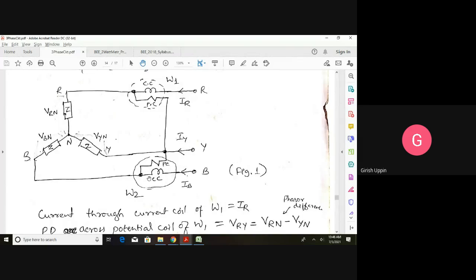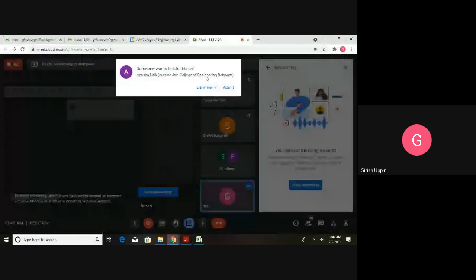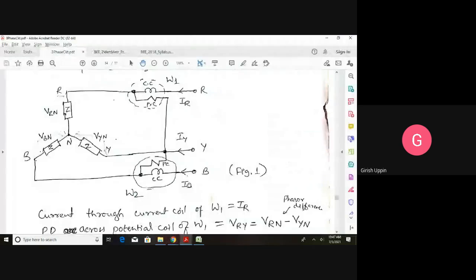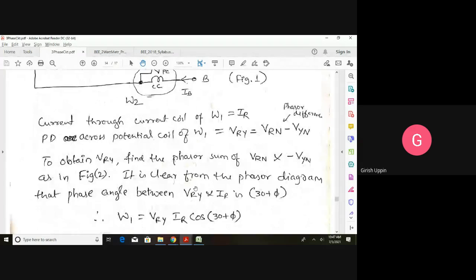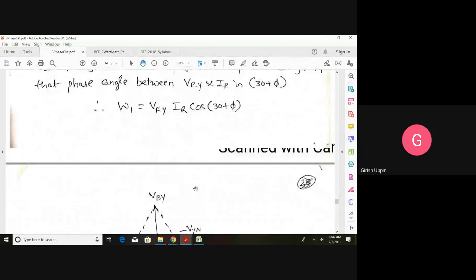Similarly, wattmeter 2 will be carrying the current IB, and it will have a voltage across it of VBY. What would be the power measured by wattmeter 2? It is the voltage VBY into IB into cos of the angle between this voltage VBY and IB.